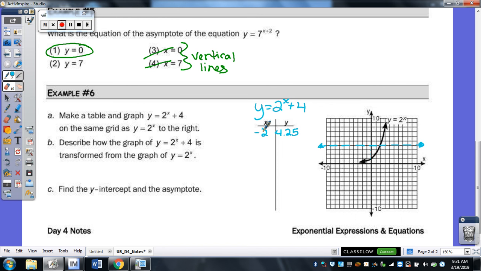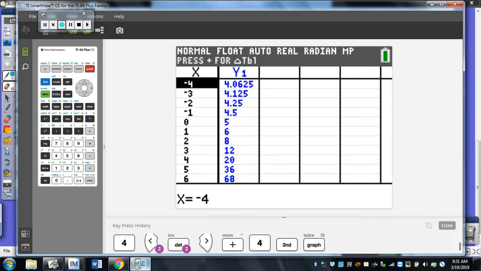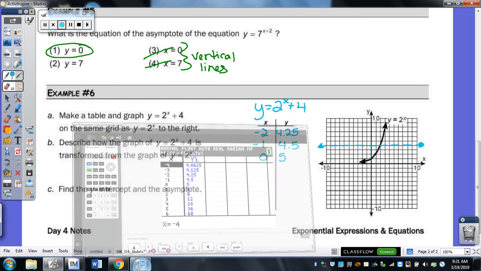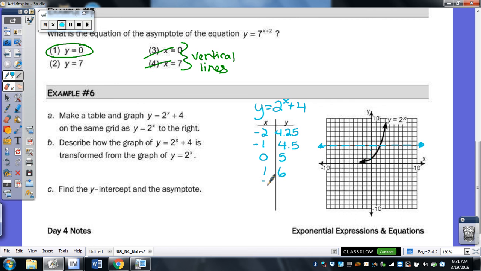So negative 2, 4.25. Negative 1, 4.5, 0, 5, 1, 6, 2, 8, 3, 12. Again, we won't be able to graph all of those, and that's okay.